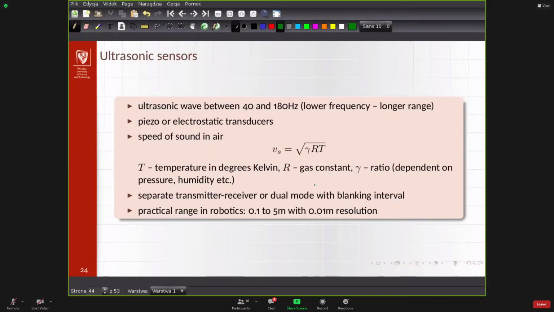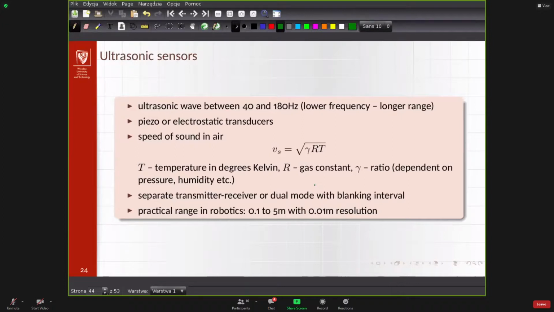If you have a higher frequency, you have a shorter range. But the shape of the wave that you are sending can allow increasing the precision.